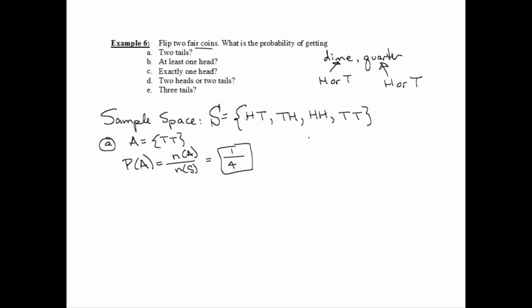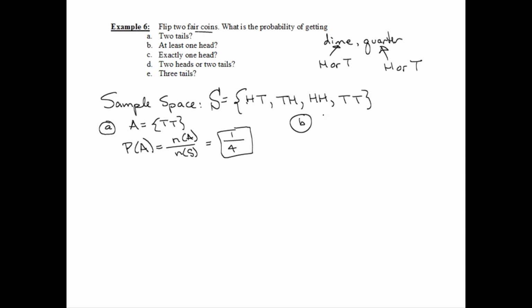Okay, let's suppose we have at least 1 head. So here, what is going to be in our set? Well, it could be HT, it could be TH, or it could be HH. All of these have at least 1 head. TT has 2 tails, so it would not qualify. So what is the probability of B then?